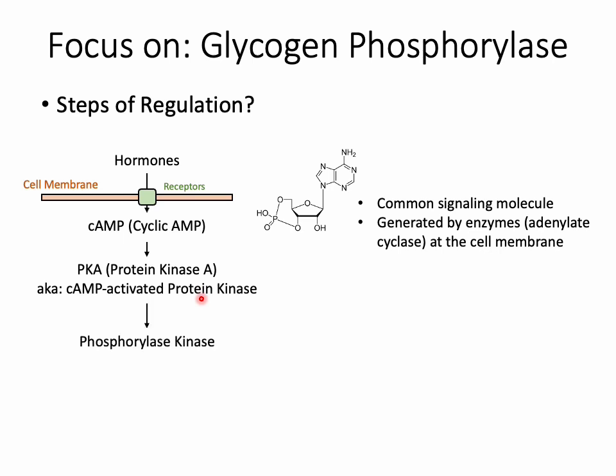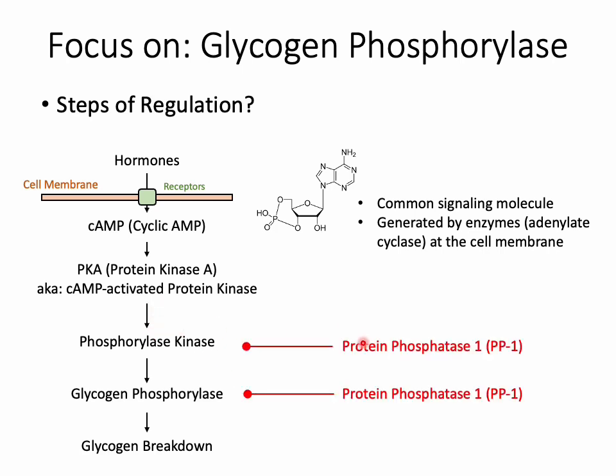Protein kinase A in turn upregulates an enzyme called phosphorylase kinase. Phosphorylase kinase then goes on to activate glycogen phosphorylase via phosphorylation, which then in turn goes on to regulate glycogen breakdown. I should point out that both phosphorylase kinase and glycogen phosphorylase are activated by phosphorylation.